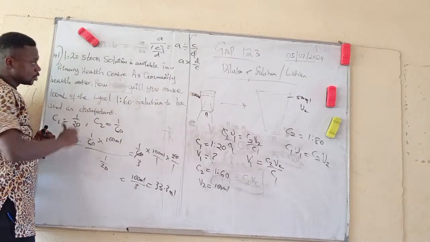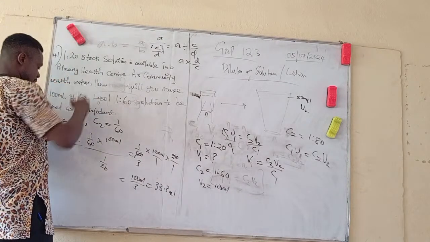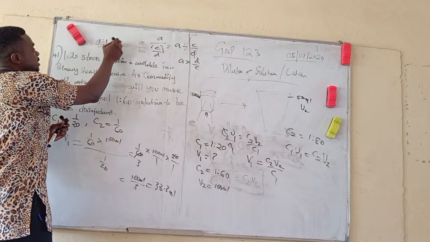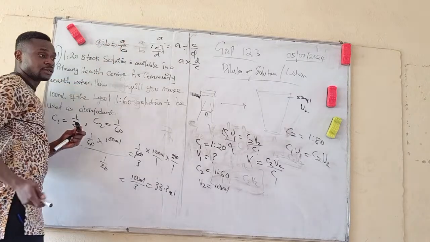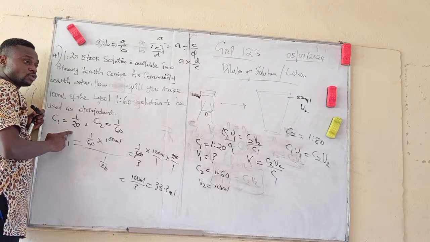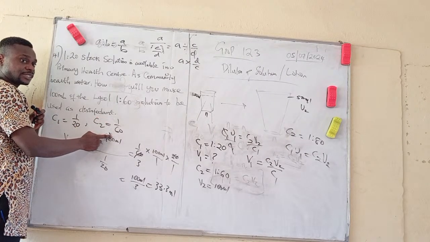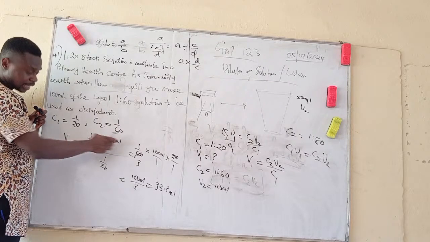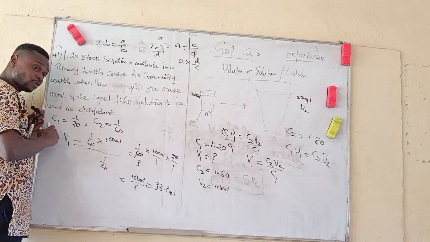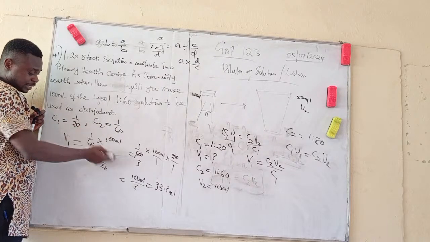Remember what I told you about ratio: if you have A is to B, it's the same as saying A over B. So that's why C1 becomes 1 over 20 and C2 becomes 1 over 60. It's a fraction. So we now put it here and substitute it: 1 over 20 for C1 and 1 over 60 for C2.